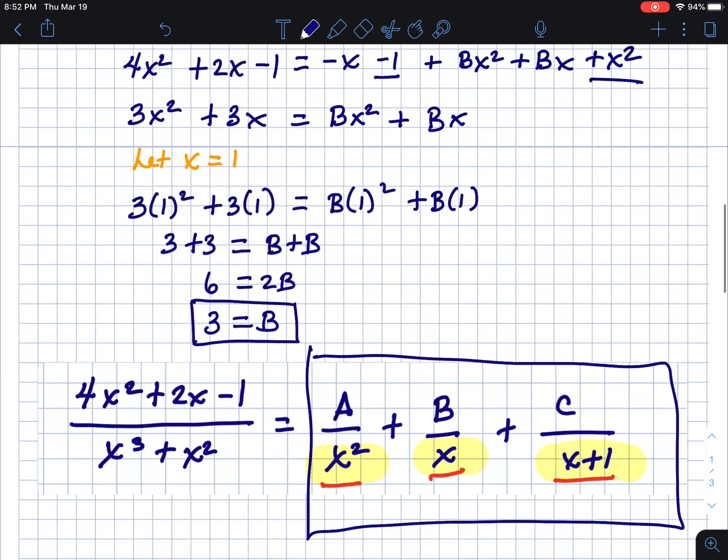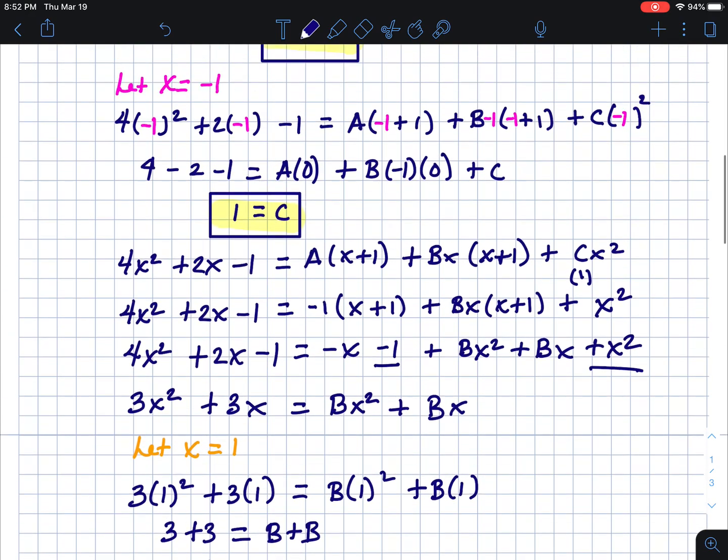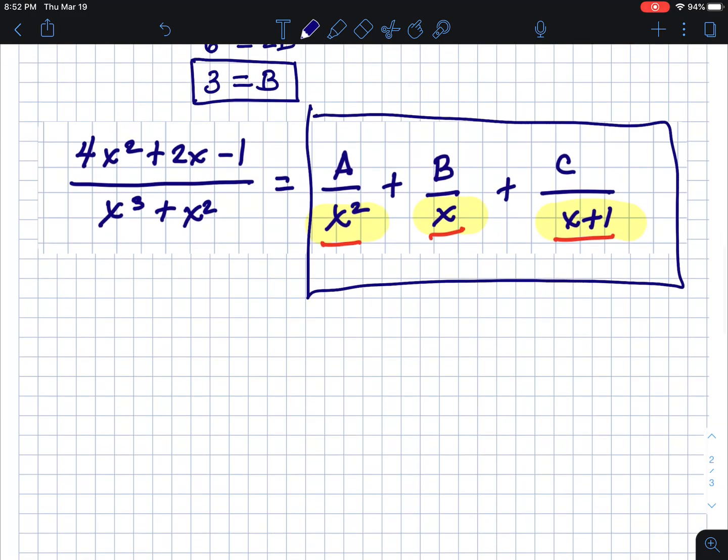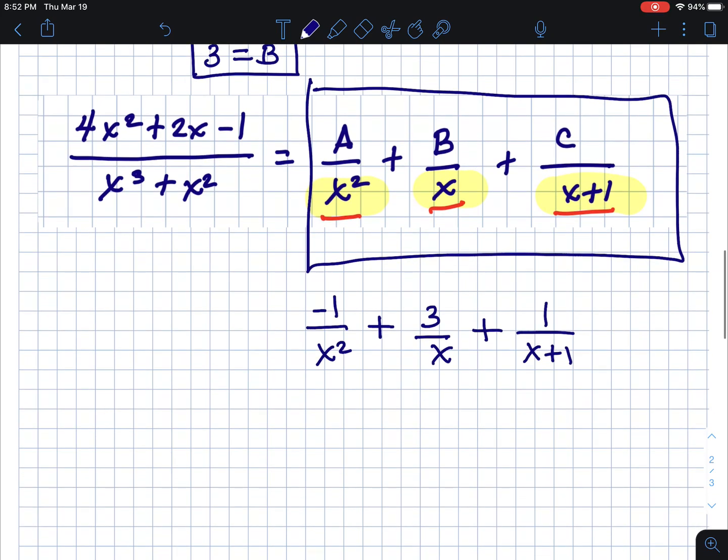What's our a again? -1. So we'll fill this in. We've got -1 over x squared, plus 3 over x plus 1, plus 1 over x plus 1. Again, the order doesn't really matter.